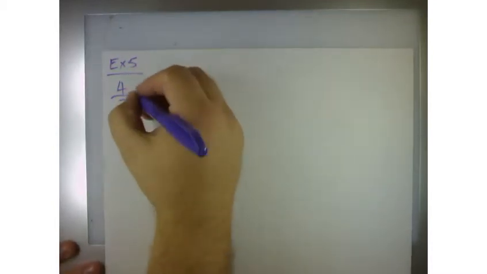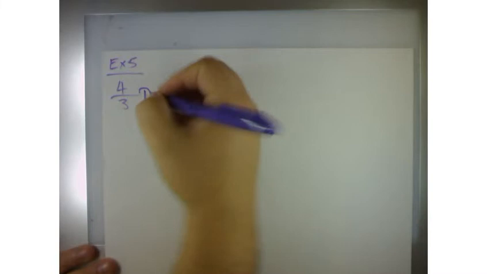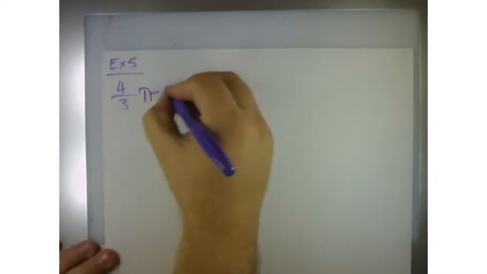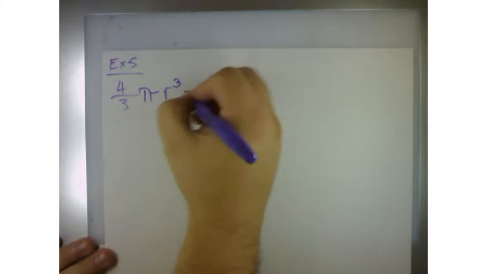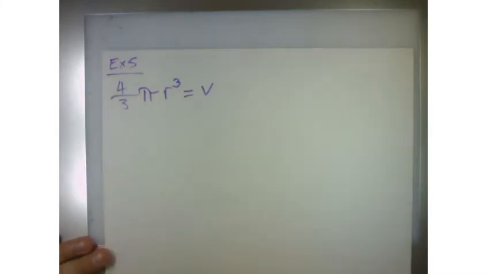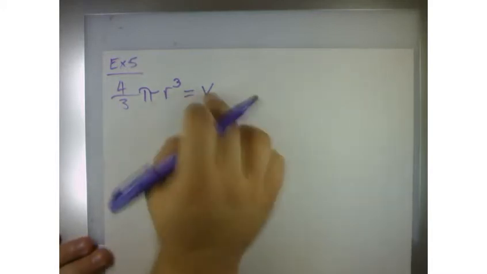How do we know that? Well, we have to solve it. The first thing we do is start with the volume of a sphere, which is the formula 4/3 pi r cubed. That's the volume, little v. If I'm going to write a composite function, I want to make one a function of the other.